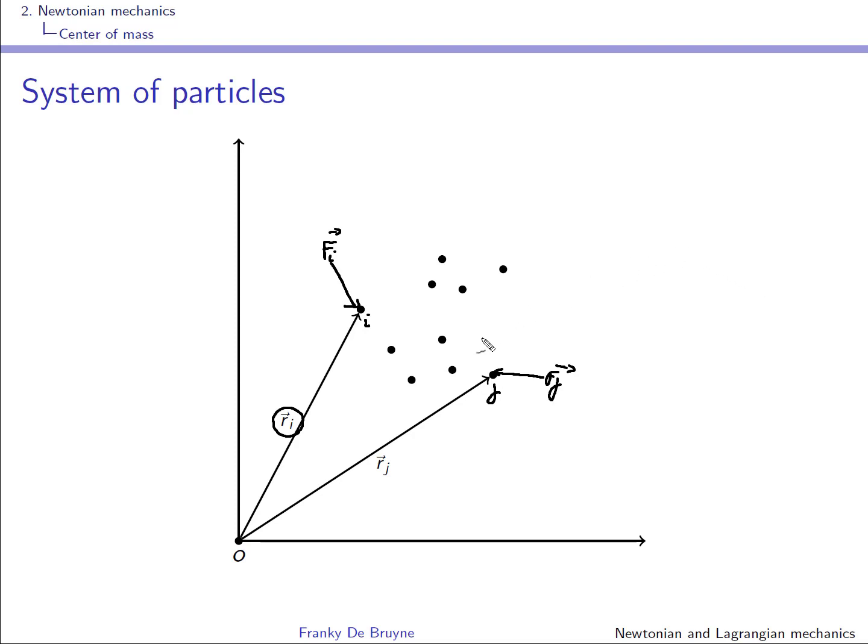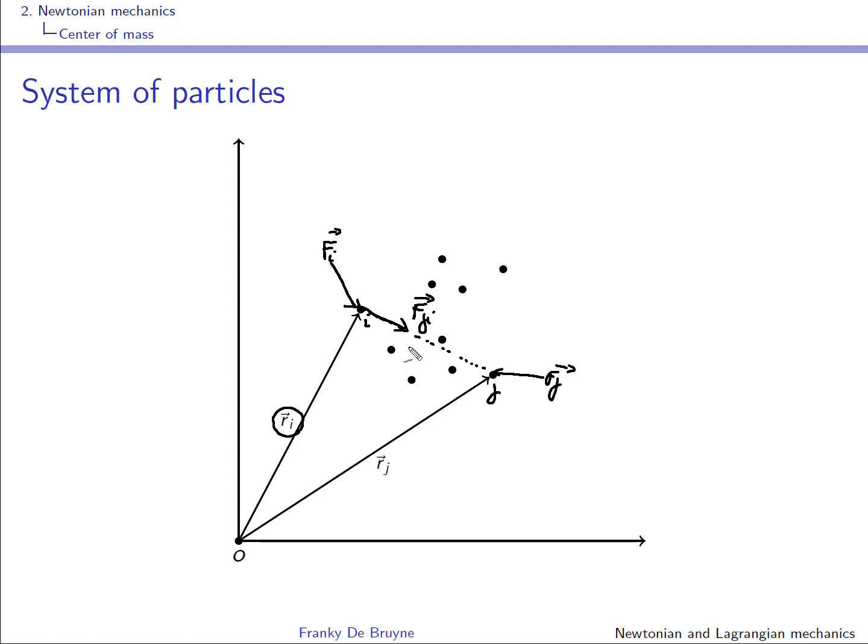For instance, if we draw the line between particle i and j, there is the force from j on particle i, and we'll call that one Fji, right?